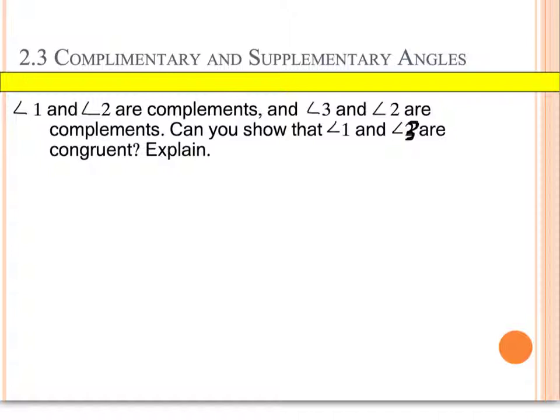Last but not least, it says angle 1 and angle 2 are complements. Think about what that means. Angle 3 and angle 2 are complements. Can you show that angle 1 and angle 3 are congruent? Explain. So the question is, I want you to just tell me, it's a simple yes/no answer.